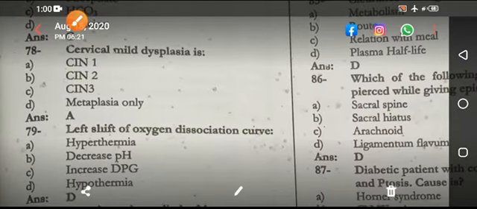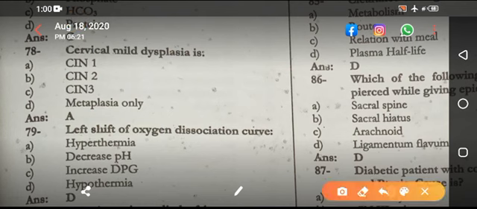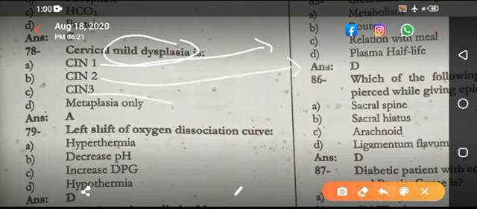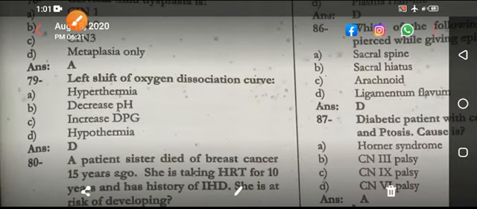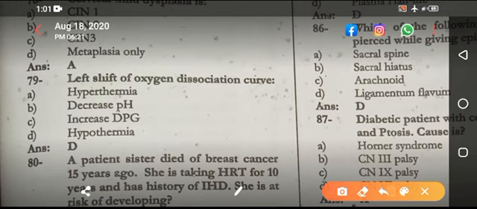Coming next, cervical mild dysplasia. CIN1, this is mild, 2 is moderate, 3 is severe. So here it is mild. Left shift of oxygen dissociation curve. Now the increase in all of the things causes right shift except low pH. pH is down, right shift.